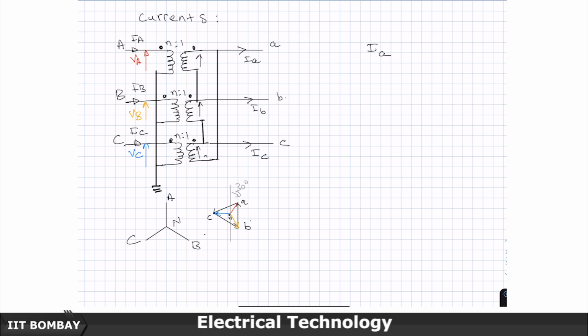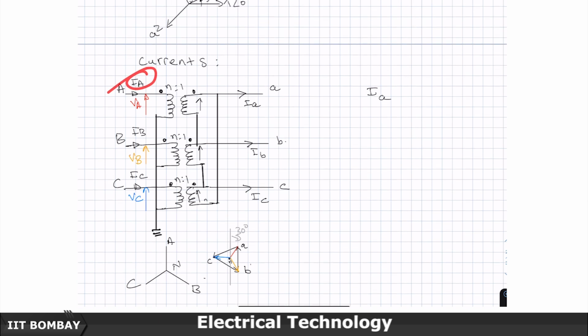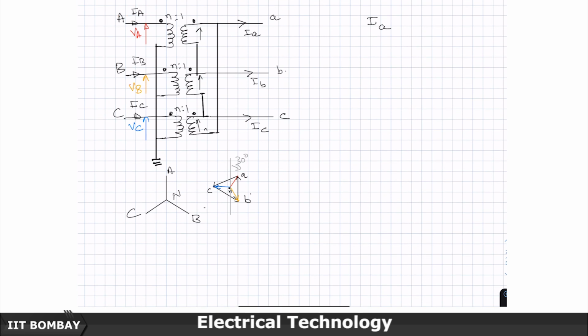So the turns ratio is N:1. So the voltage has come down by N times and the current has gone up by N times with respect to the primary winding current, and the primary winding current here is I capital A. So therefore this current is going to be NIA.